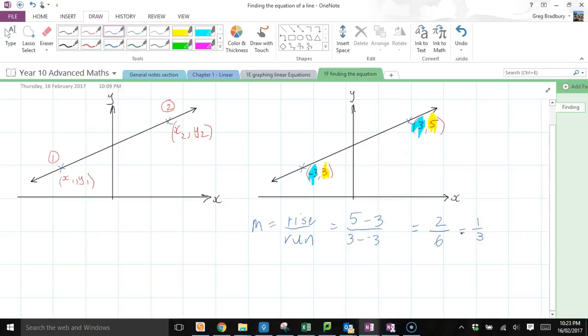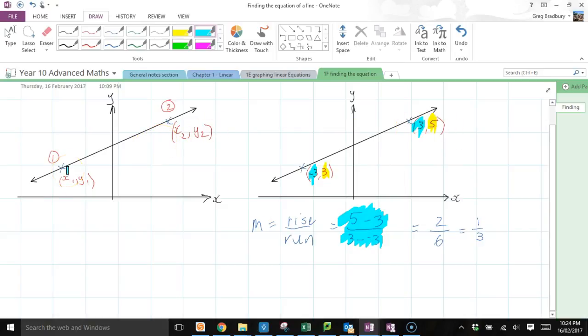Now I'm going to transfer this over to the other side where we've got general points. The reason I did this part is because I'm going to transfer these coordinates onto here. Let's go back to these points.